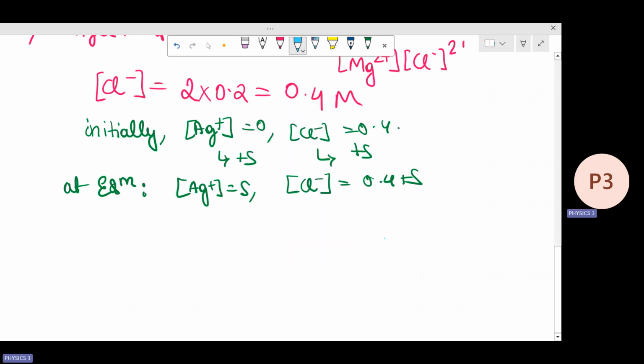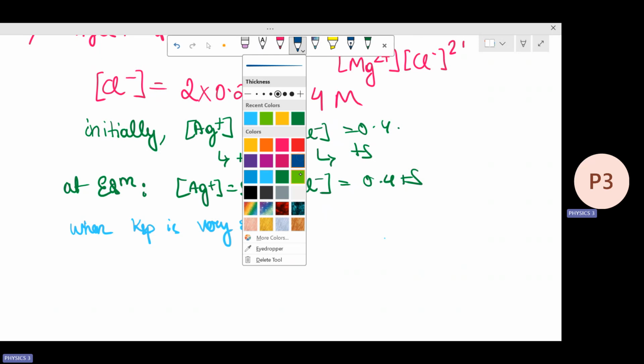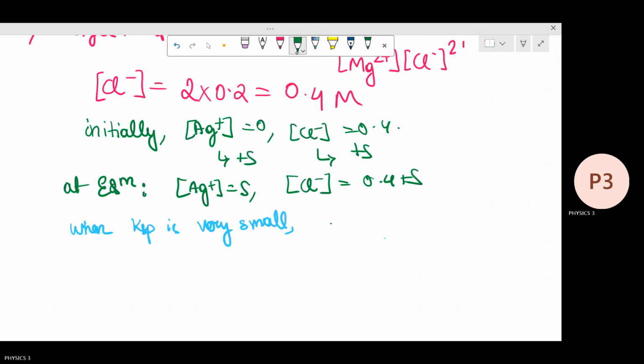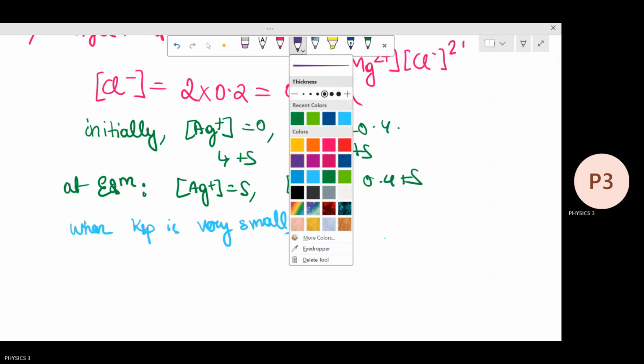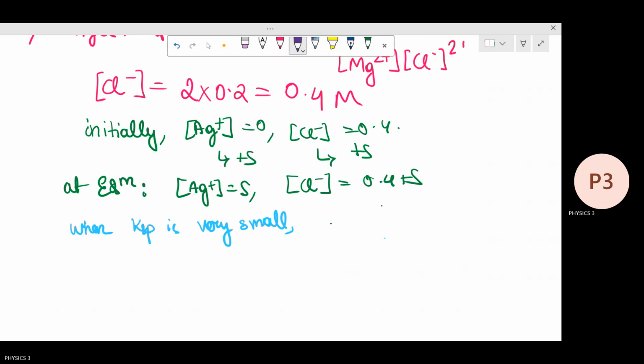As S is negligible, and Ksp is very small, what we will observe is that Ksp will be equal to S into 0.4.